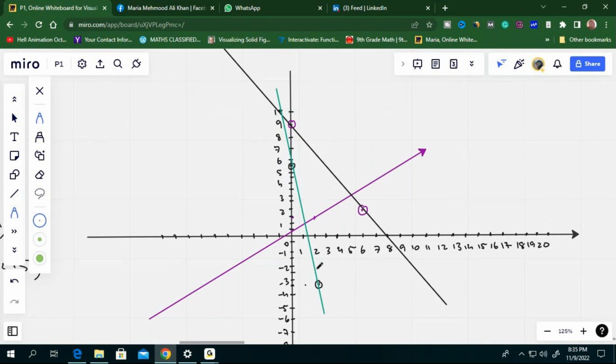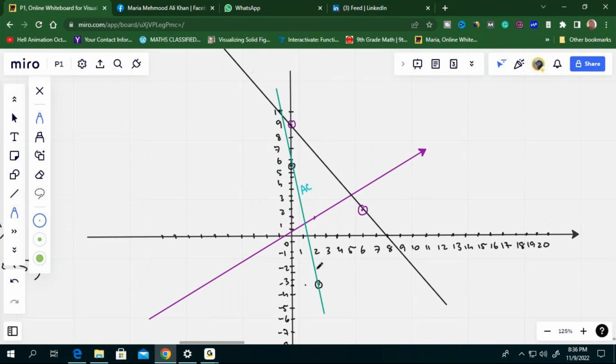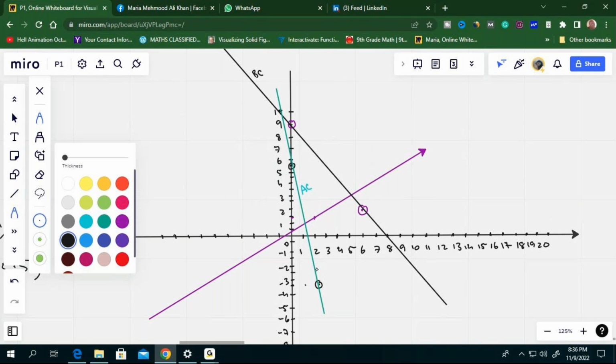So you see, this blue line is representing your AC. This is representing DC, and this is representing your AB.